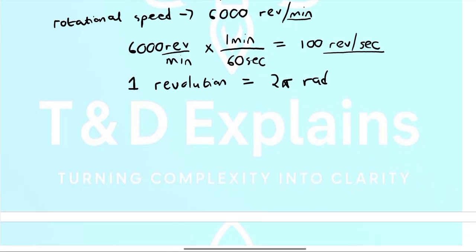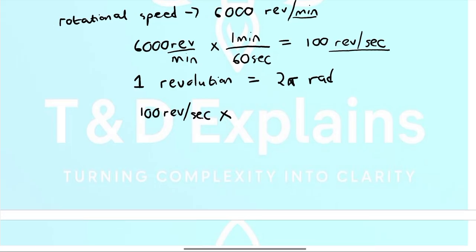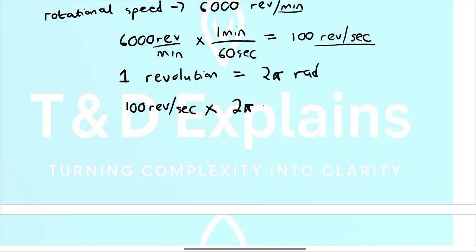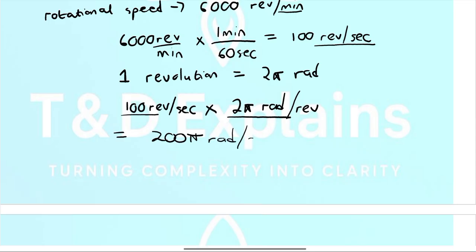So now what I know is that I have 100 revolutions per second. If I multiply my 100 revolutions per second by 2 pi, in which 2 pi is just in radians per revolution, it is going to give me 200 pi radians per second.